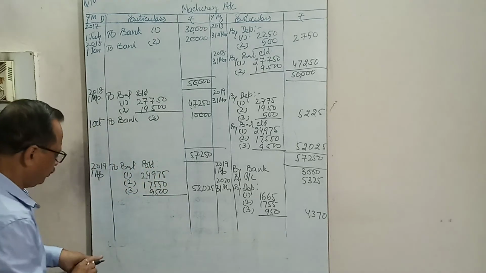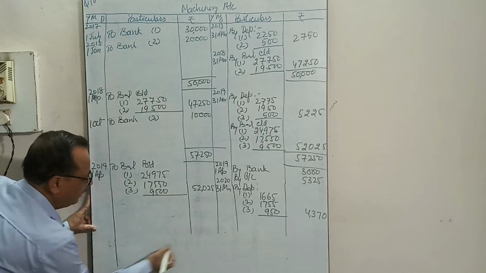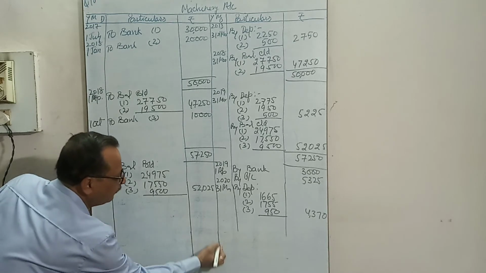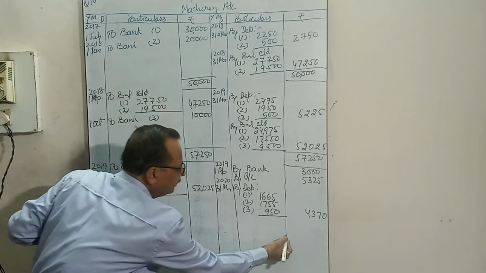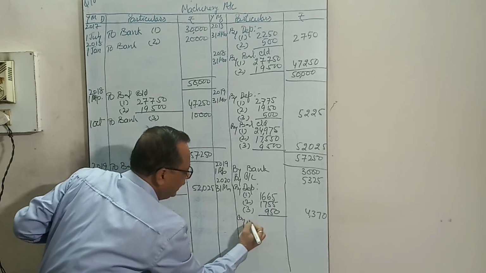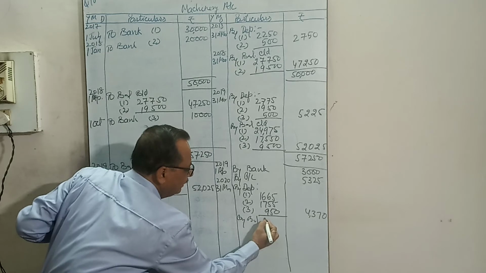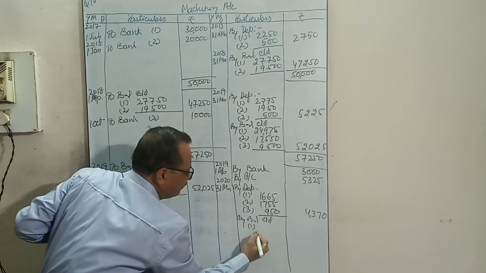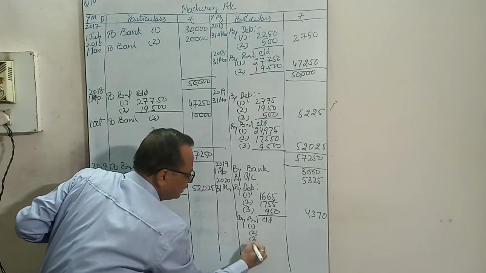It is the ultimate question. So what would be the balance on 1st April 2020? That is brought down, 31st March 2020, by balance carried down, machine number 1, machine number 2, machine number 3.